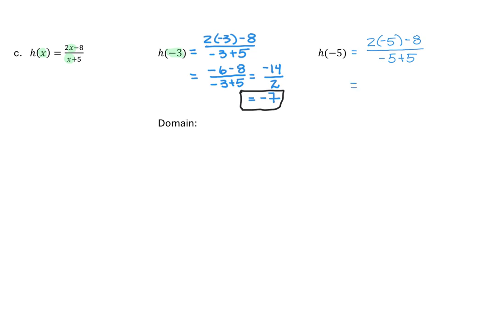In the top, if we simplify, we get negative 10 minus 8, which is negative 18. And if we combine on the bottom, we get 0. But one of the things to remember is we are never allowed to divide by 0. This is undefined.